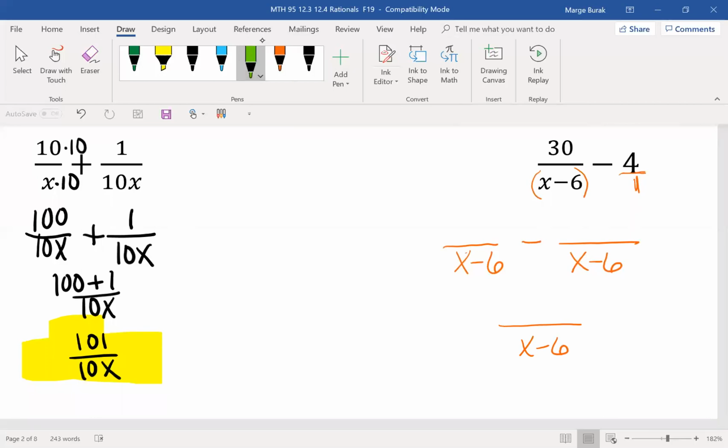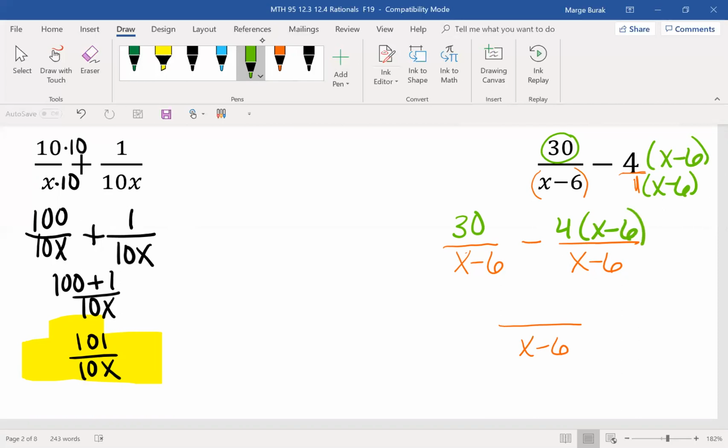Okay, so here our 30 is already 30, but this one we need an x minus 6, and so we need to times both of that by x minus 6. So now we have minus 4 times x minus 6.